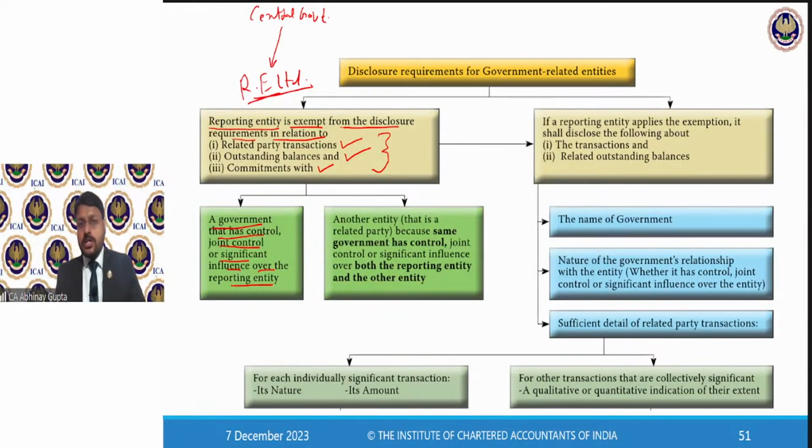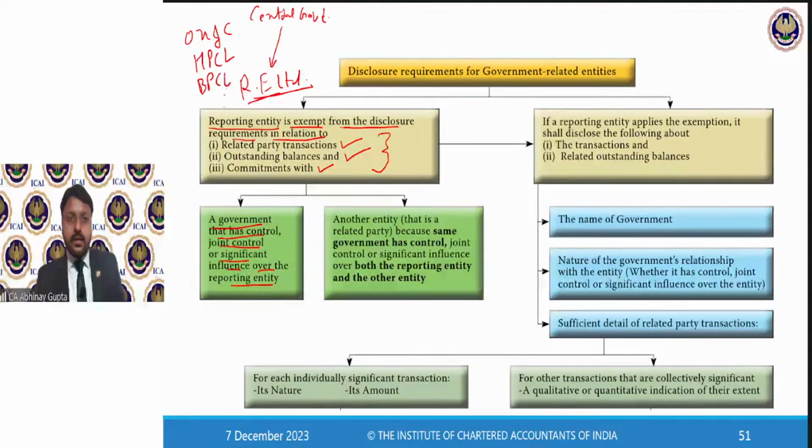Now, whenever you see the shareholding pattern of those companies, for example, if you go and check the shareholding of ONGC, HPCL, BPCL, all these companies, HAL, Hindustan Aeronautics Limited, or many more, right? All these public sector enterprises.